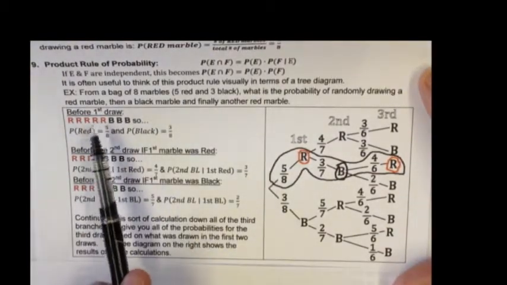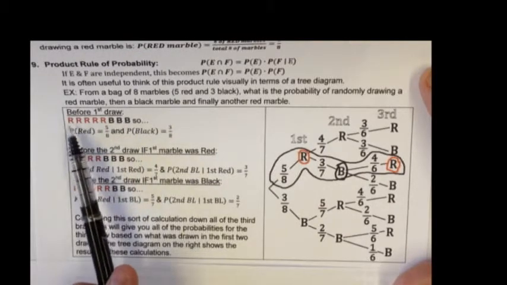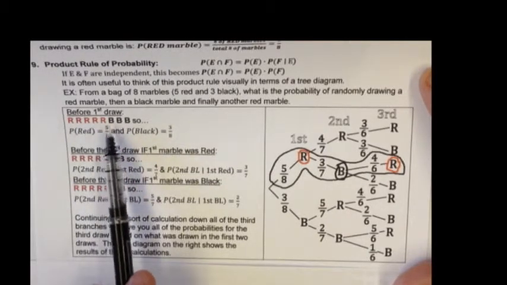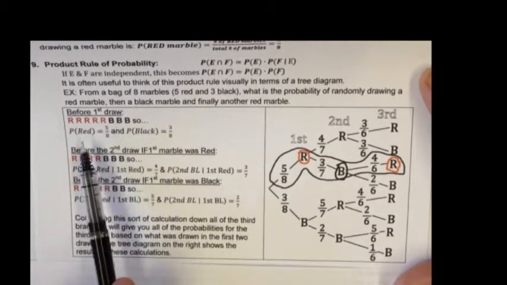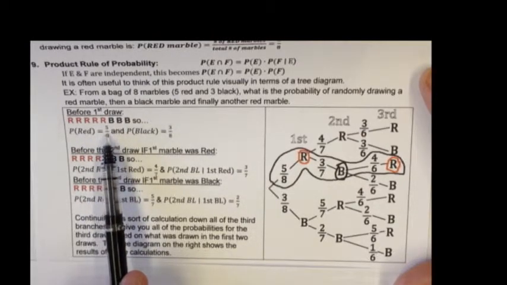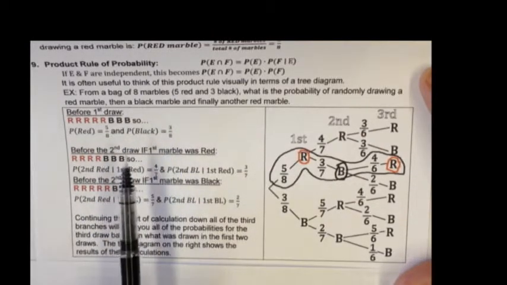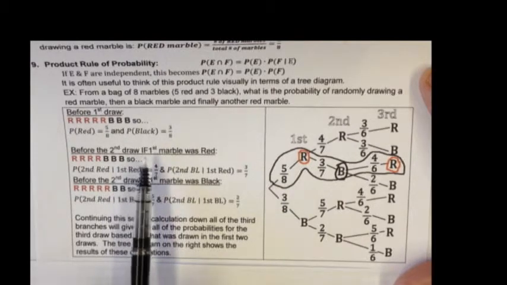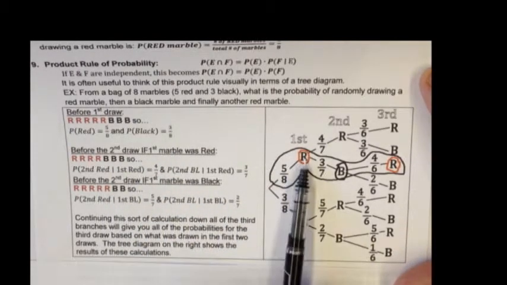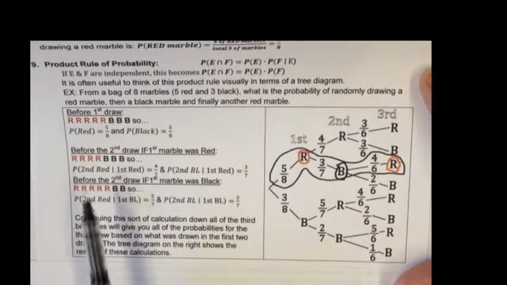So before you take the first draw, the first marble, there are 1, 2, 3, 4, 5 reds and 3 blacks. So in the beginning, the probability of getting a red marble is 5/8, and the probability of getting a black marble is 3/8. And if you draw that as a tree, the first choice, the probability of getting a red is 5/8, the probability of getting a black is 3/8.